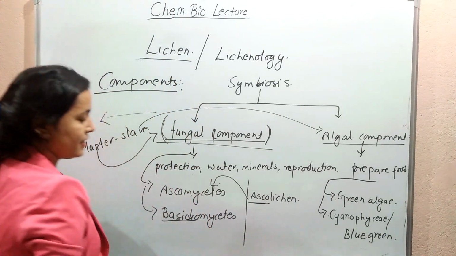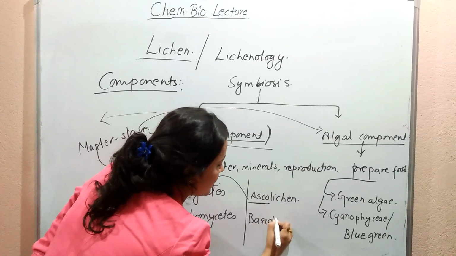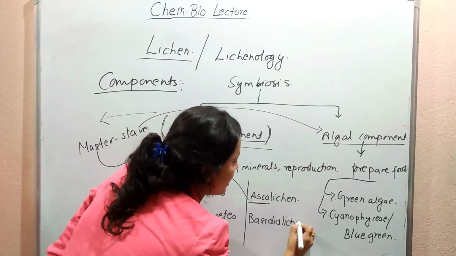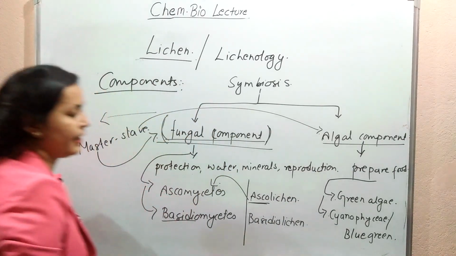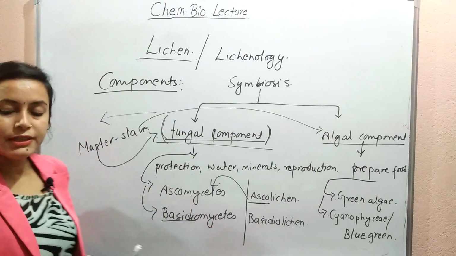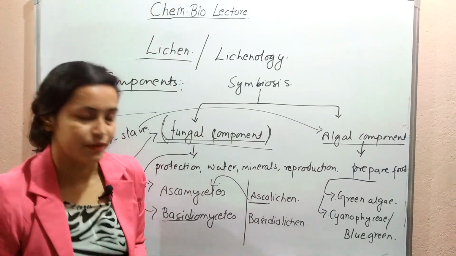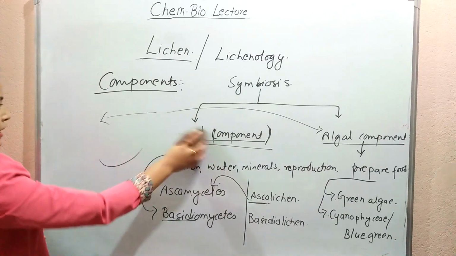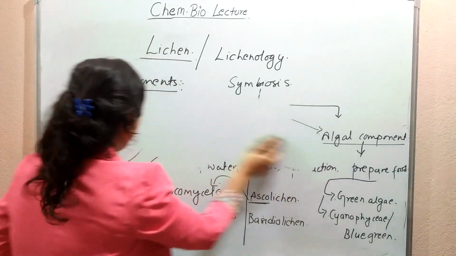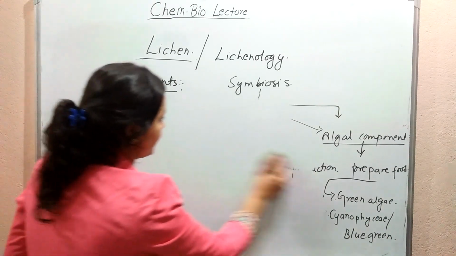And basidiolichens, those are the ones with basidiomycetes, they form the group called basidiolichens. We are seeing this in terms of fungi because we already said that the major component of a lichen is fungi. Okay, I guess up to here you are clear. We will be continuing to learn more about the lichen.